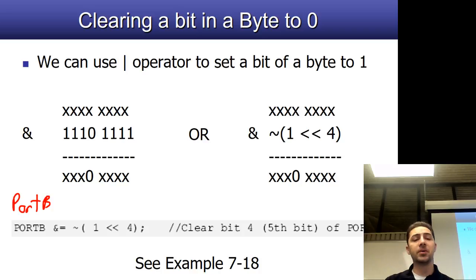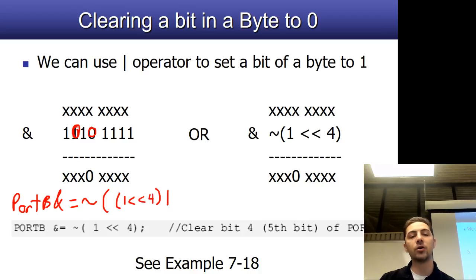All right, port B. What was I saying? Setting 2 bits. What I would want is a 0 in this position, a 0 in that position. So here's what I'm going to do. AND equals tilde. And then in parentheses, I'm going to take those 2 masks again. 1 shifted left by 4, ORed with 1 shifted left by 6.